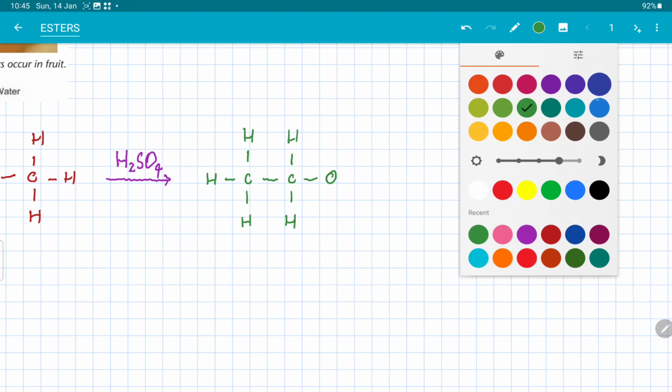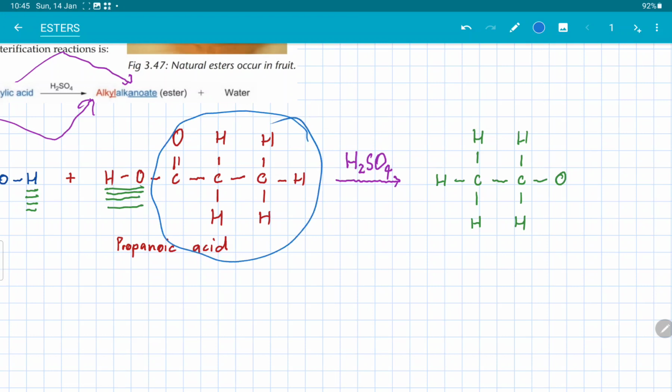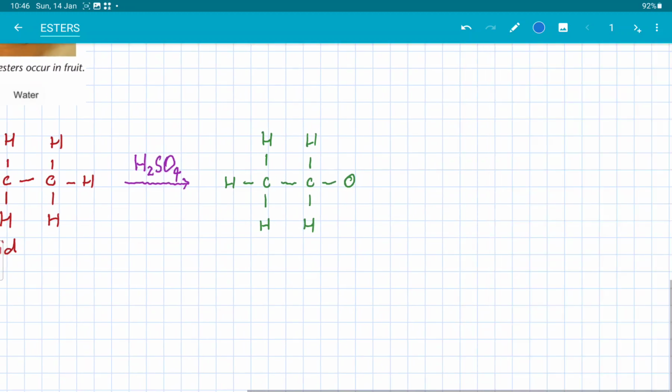Then the part that was previously the carboxylic acid, I'm just going to use blue. Remember now, the OH is gone. That means that now we continue with this part of the carboxylic acid, which was the propanoic acid. So I'm going with this part.